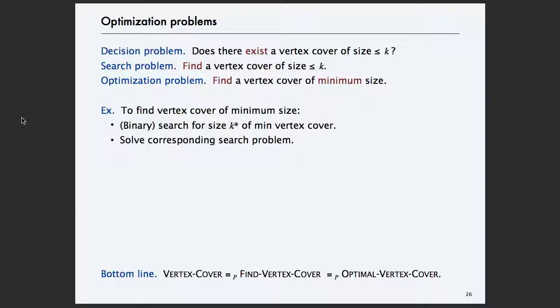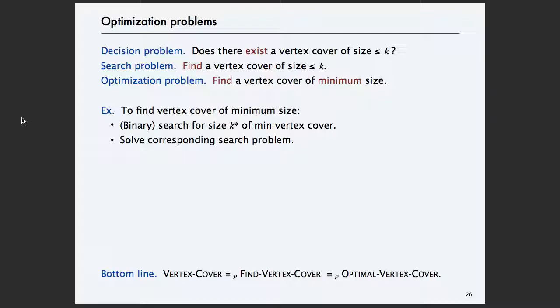Optimization problem is even harder. It is: find a vertex cover of minimum size, or find a solution to problem X of minimum size. I can do binary search for that minimum size, and then solve the search problem.